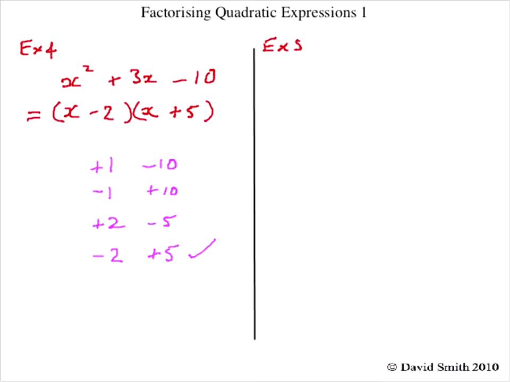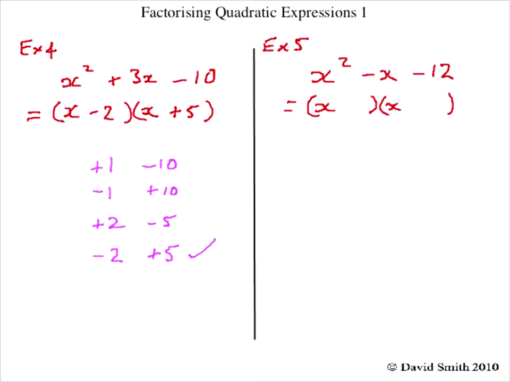Another one similar to that, example 5. x squared minus x minus 12. Right, this time we want a pair of factors that multiply together to give minus 12.